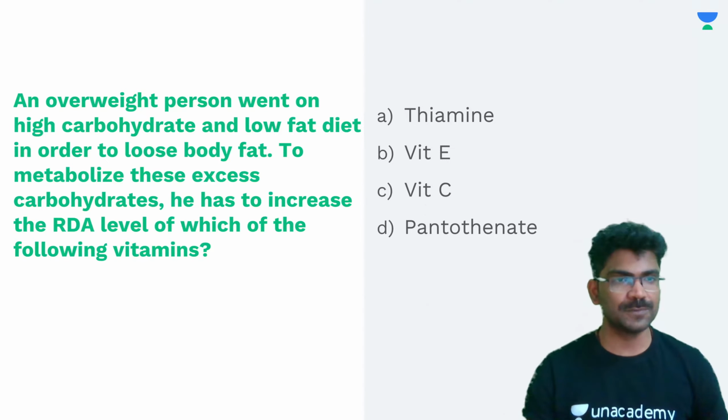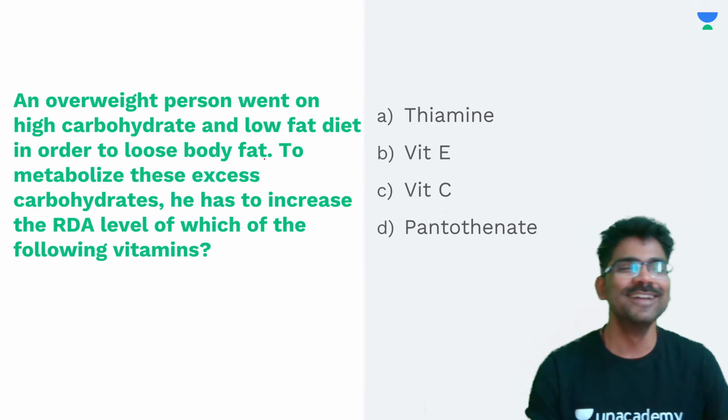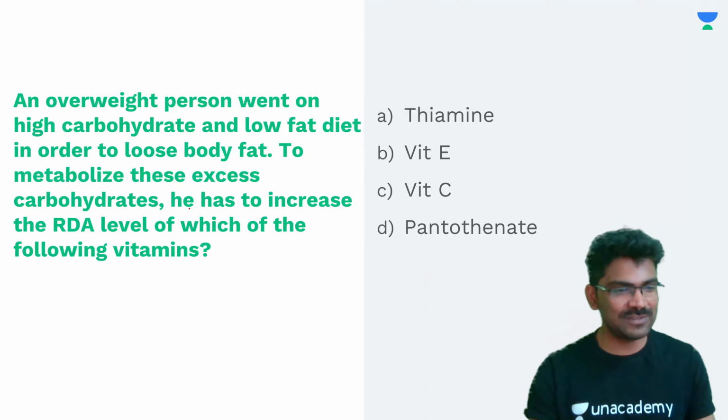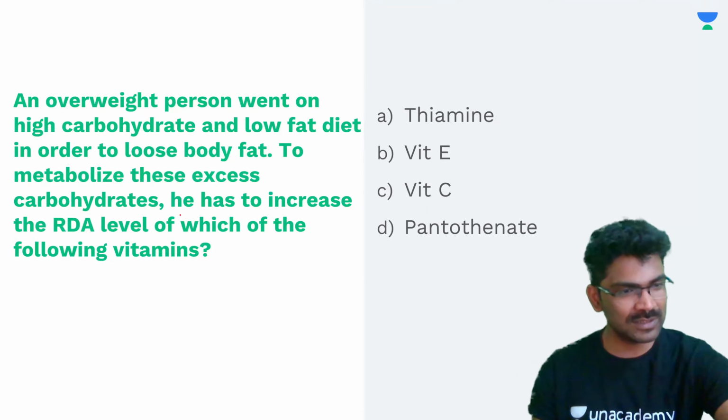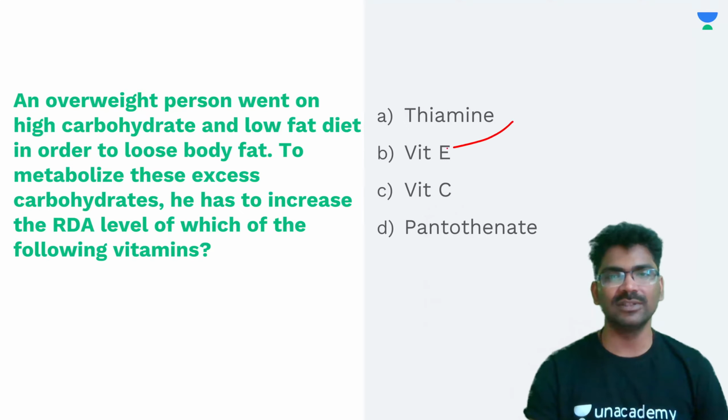Right, what about this? An overweight person went on a high carbohydrate, low fat diet to metabolize excess carbohydrate. Which vitamin do you need? Let's see how many of you answered correctly. Again, the answer is thiamine, right?